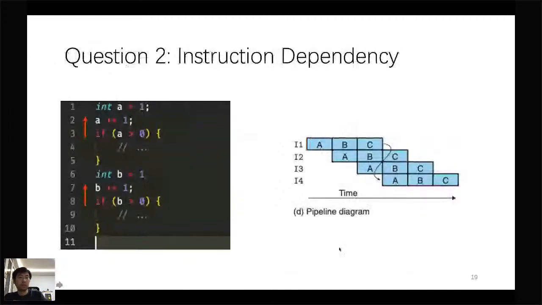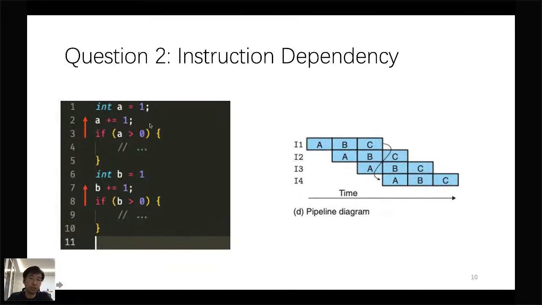Okay, here comes the second question. It's about instruction dependency. For example, there can be data dependency between different instructions. The line 3 code checks the value of A. It's dependent on line 2 because line 2 changed the value of A, right? Similarly, the line 8 code is dependent on the line 7 code.